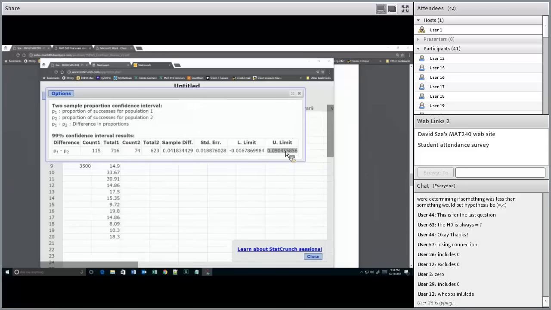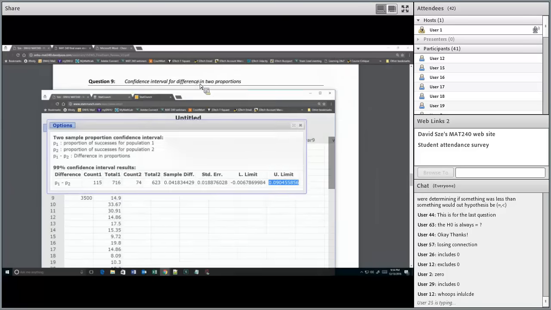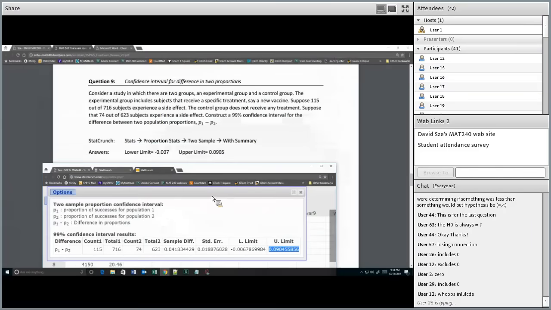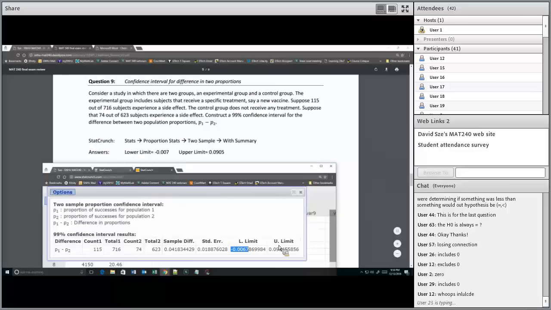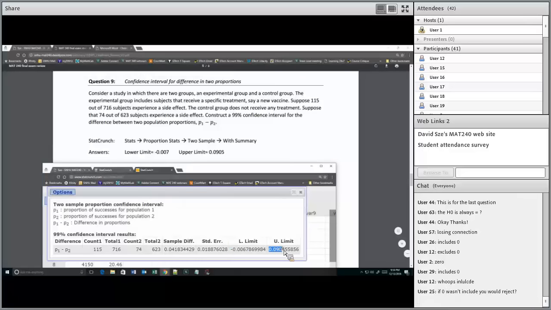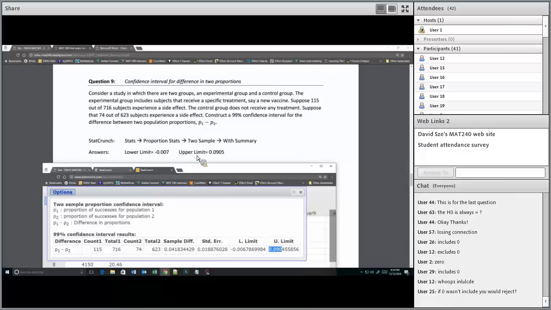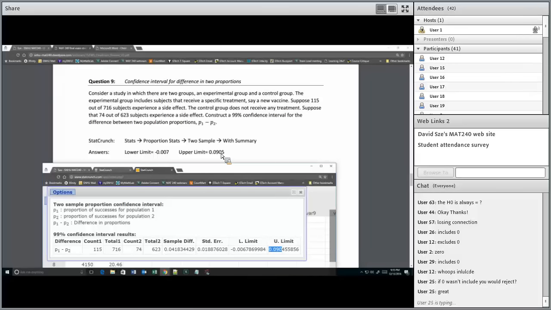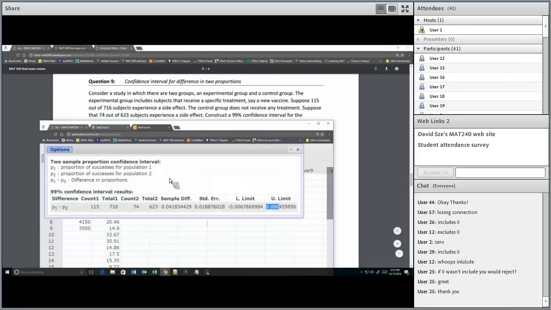But for this problem, all you had to do was find your lower and the upper limit. So the lower limit is given here, which is this answer, 3 decimal places. The upper limit is given here. Yes, that's right, Alfred. If 0 is not included, then you would reject the null hypothesis.